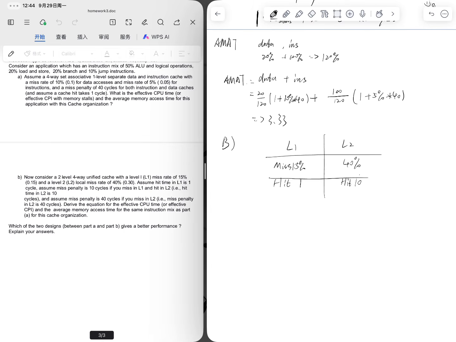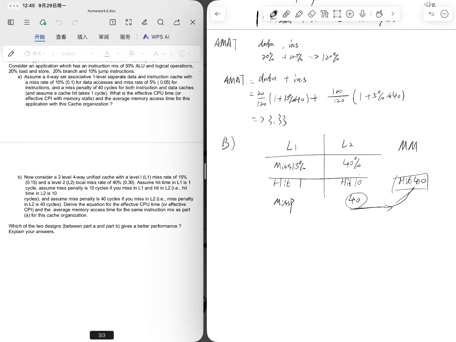So miss penalty will be 40 cycles. That means if we miss in L2, we'll go to the main memory, right? That is actually the hit in main memory. They are the same thing. What we want is to derive the equations of the CPU time, effective CPI and the AMAT.